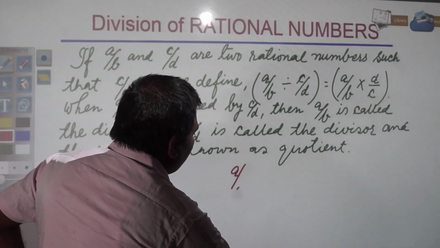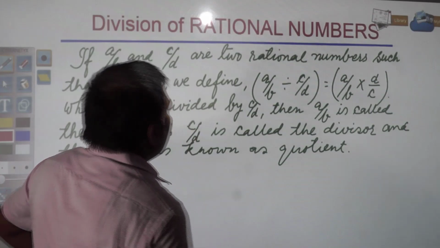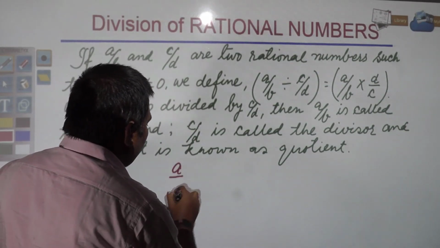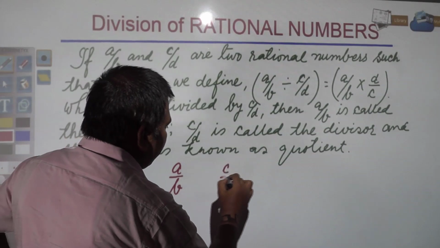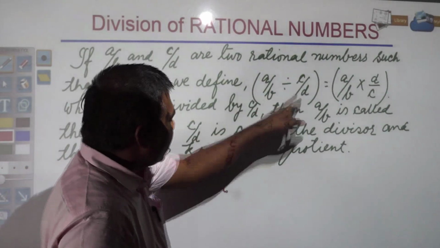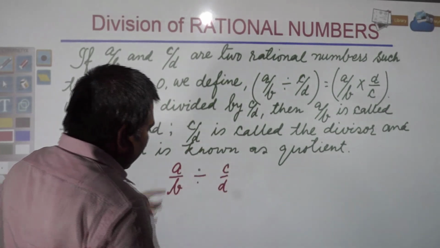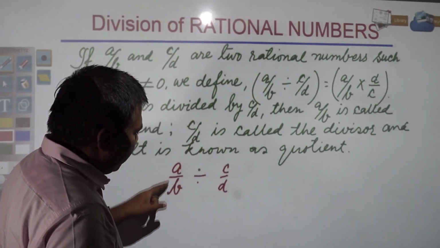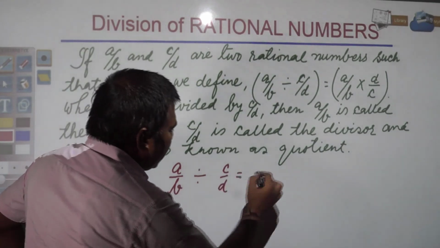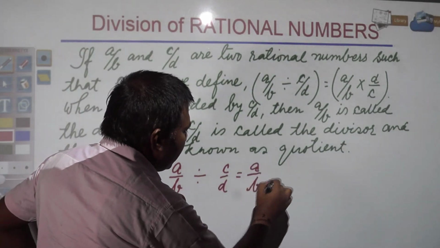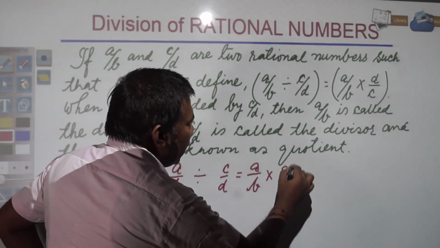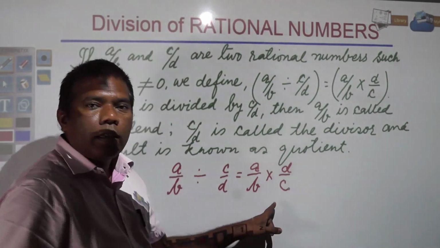You see, here suppose you have any number in place of a by b and c by d. What is written? A by b divided by c by d. If you are dividing a by b by c by d, it can be written as a by b into the inverse of this, it means d by c.